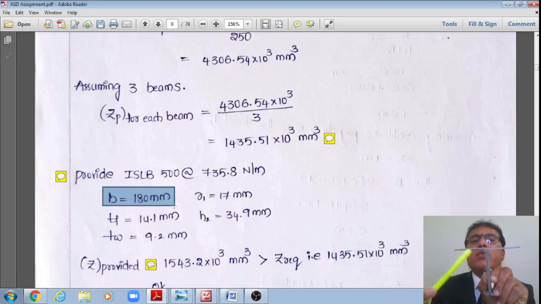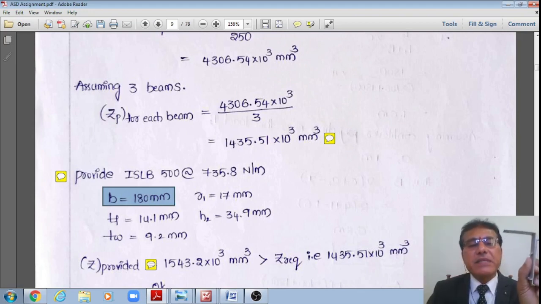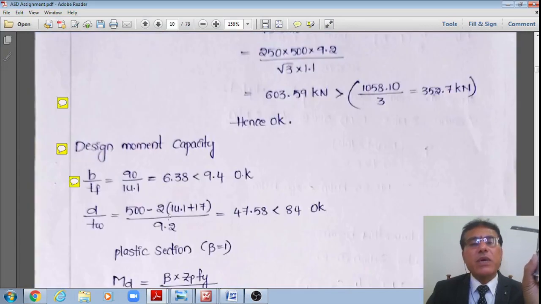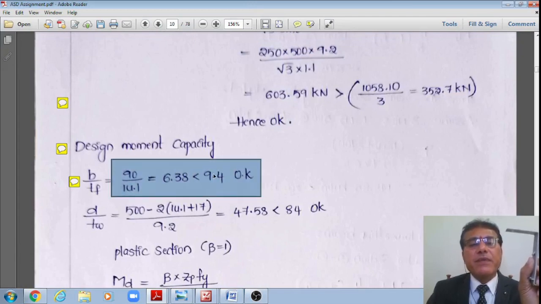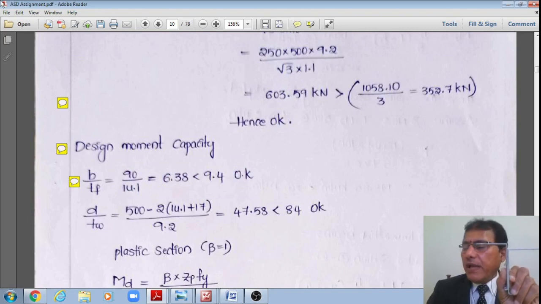Therefore, that divided by 2 is the outstand length, 90 mm. This 90 divided by the thickness of the flange, 14.1, works out to 6.38, which is less than 9.4. Therefore, the flange is a plastic section.